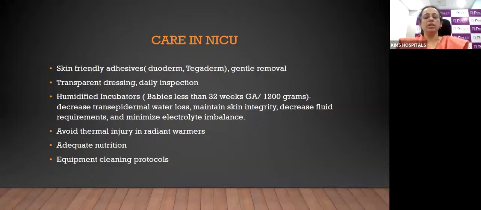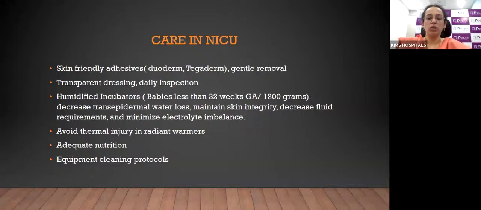For babies less than 32 weeks and less than 1200 grams, it is better to prefer humidified incubators, which help in decreasing transepidermal water loss, help to maintain skin integrity, decrease the fluid requirements of the baby, and help in minimizing electrolyte imbalance. We should avoid thermal injury in radiant warmers by placing the probes and monitoring the same in servo control warmers.